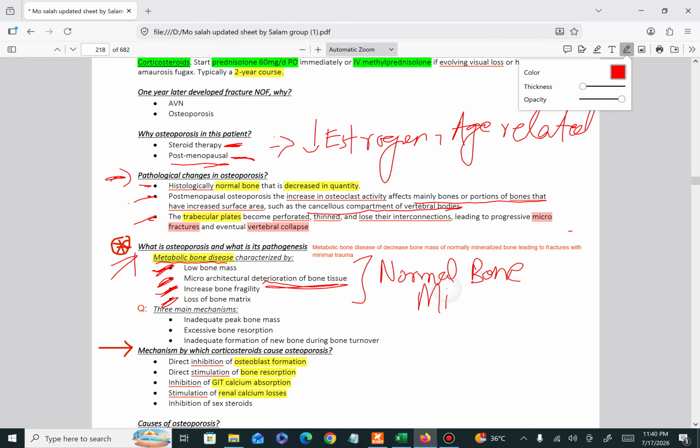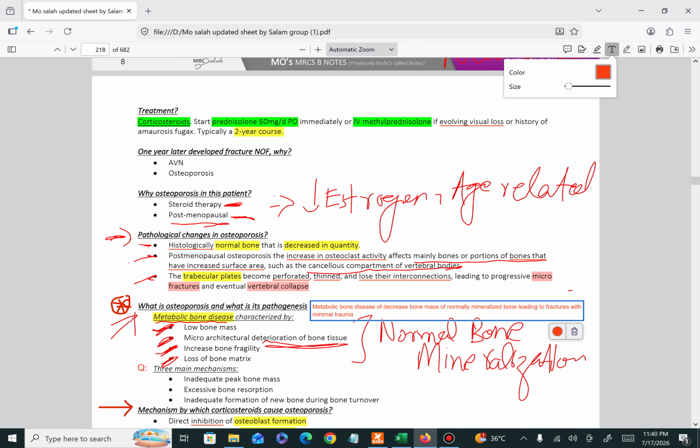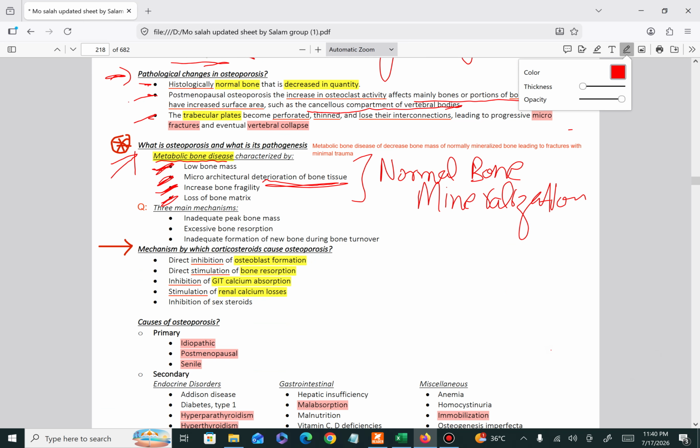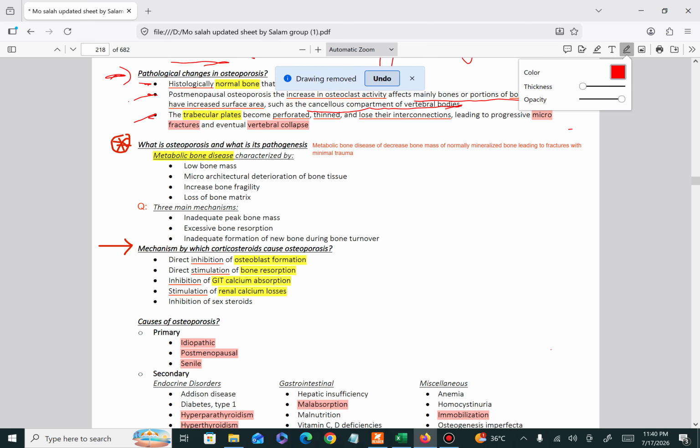This is important in osteoporosis. The three mechanisms in the pathogenesis are inadequate bone mass, excessive bone resorption, and inadequate formation of new bone during bone turnover.